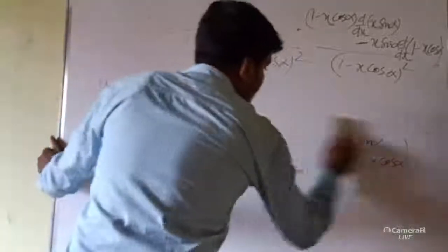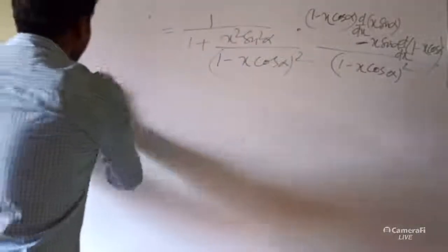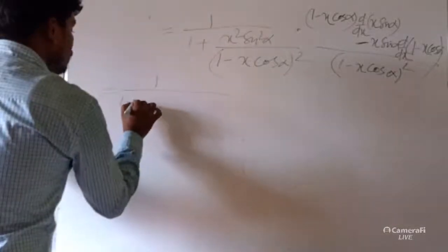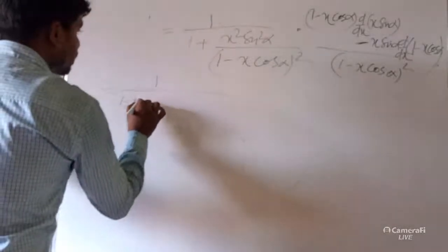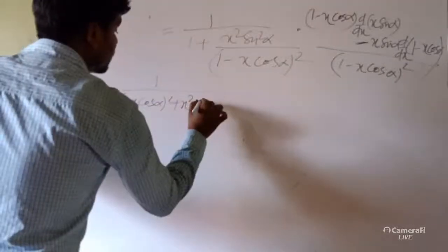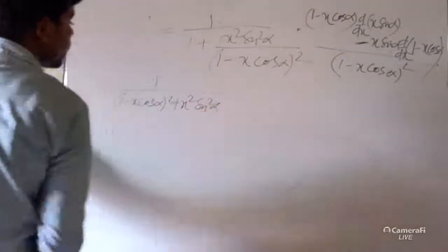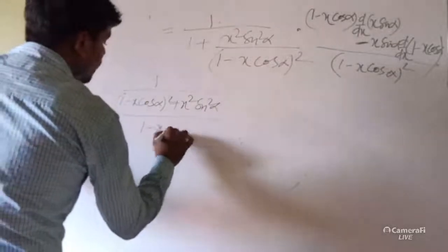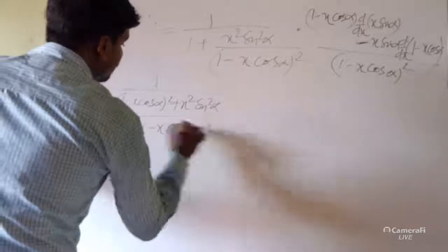Now this becomes 1 by the whole square of 1 minus x cos alpha plus x square sin square alpha, divided by the whole square of 1 minus x cos alpha.